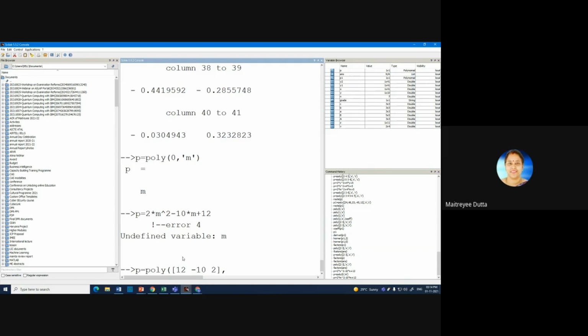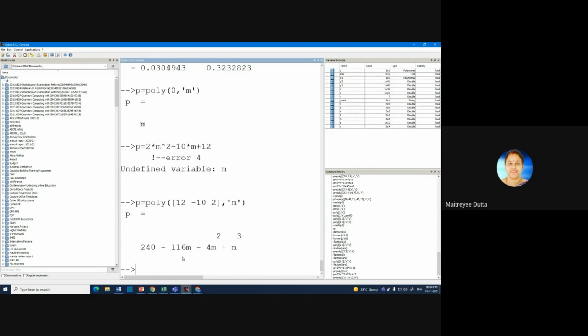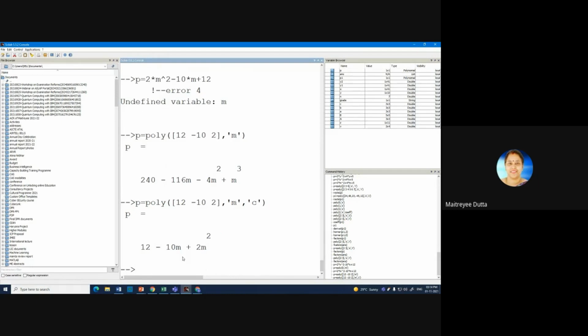So comma, then m. Okay, it is taking as a root. Then I can give the coefficients. These are my coefficients. So this is my value, that is 2m square minus 10m plus 12, right? That is my P.